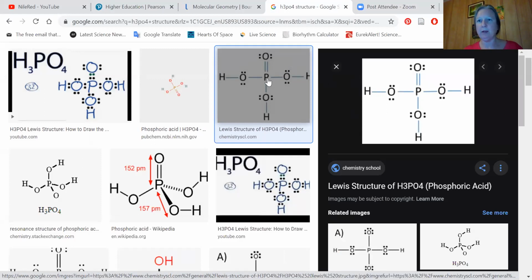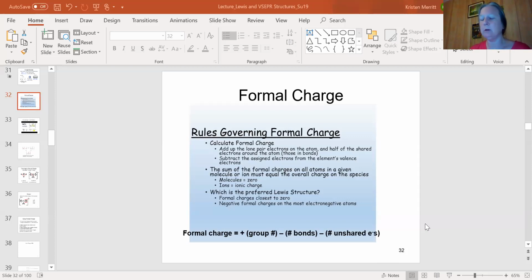Don't overcomplicate it. You do it atom by atom, all right? You're not doing it for the whole molecule, you're doing it for the individual atom. Just do the math. Valence electrons minus the actual electrons there.